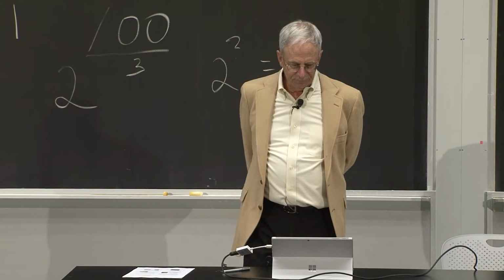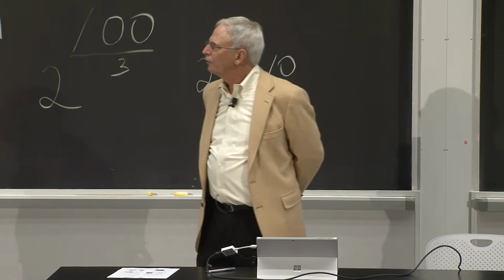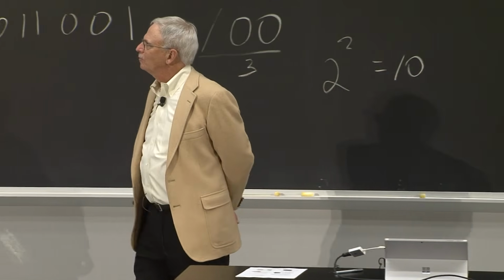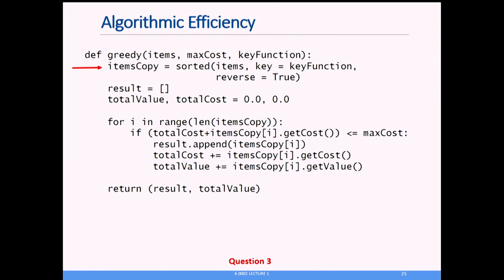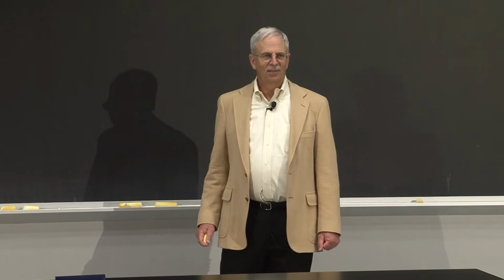Well, let's see where the time goes. The first thing is at the sort. So I'm going to sort all the items. And we heard from Professor Grimson how long the sort takes. See who remembers.